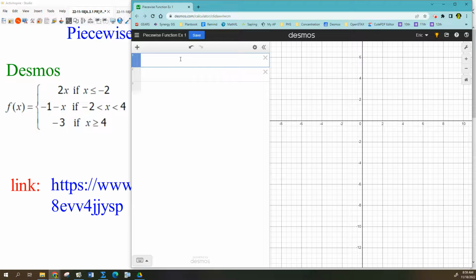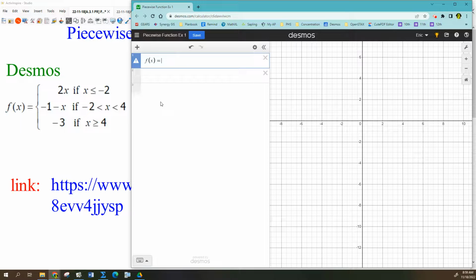Okay, so here's how you do this in Desmos. When you want to create a piecewise function, we're going to start with f of x, of course. We're going to use function notation. So f of x equals, and then it's a little bit strange. It works kind of backwards. Notice we have one of these brackets for piecewise functions.